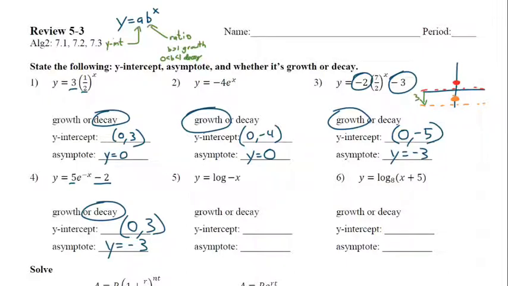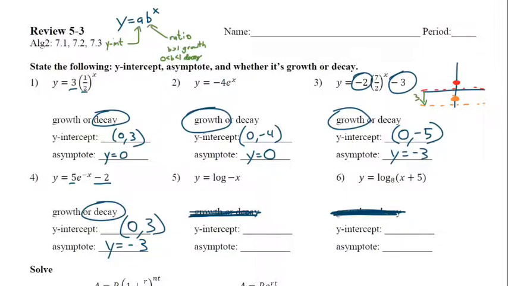Alright, let's do this. For your logarithms, I'm not going to ask if they're growth or decay, so you can just scratch this out for the logarithms. I do, however, want to know where the y-intercept is, and where the asymptote is.